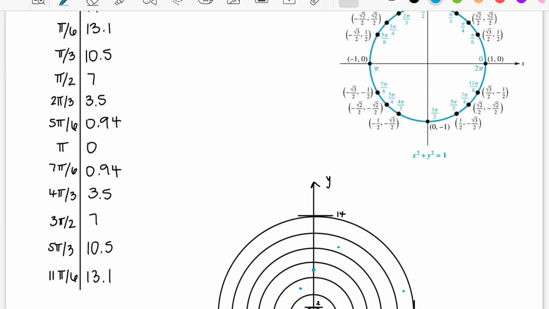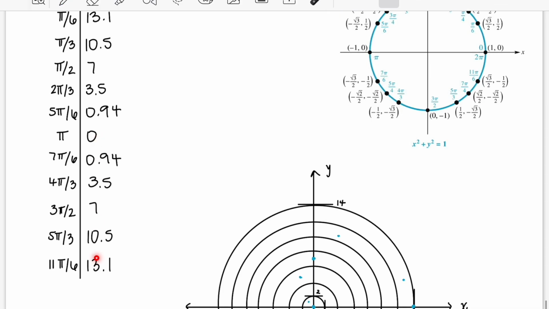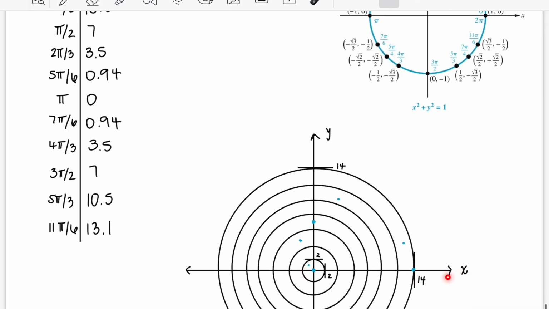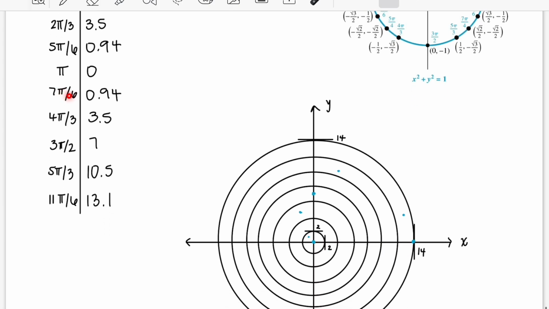And then at pi, we have 0, so at the origin here. Now this is where the points start to repeat, and we can see a reflection across the x-axis. We know at 7 pi over 6, it's going to be 0.94. That ray is about there. And we said 0.94 is about here. So repeating this, I'm just going to reflect all of these points over our x-axis here.